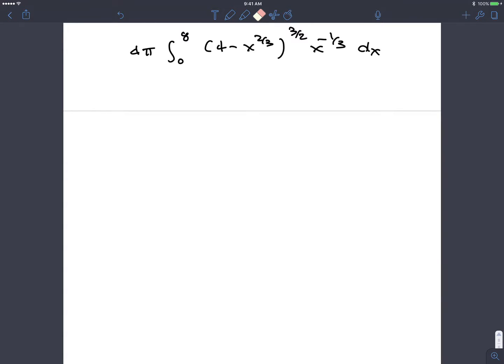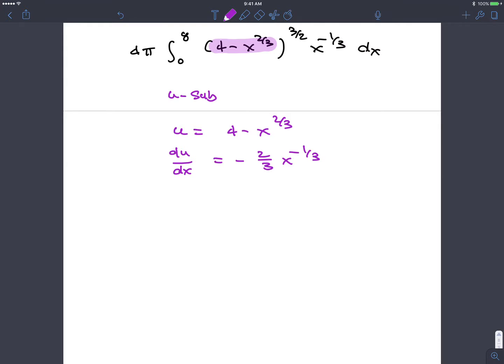We're going to let u be 4 minus x to the 2/3 power. Then du dx will be negative 2/3 x to the negative 1/3 power. Is that true?